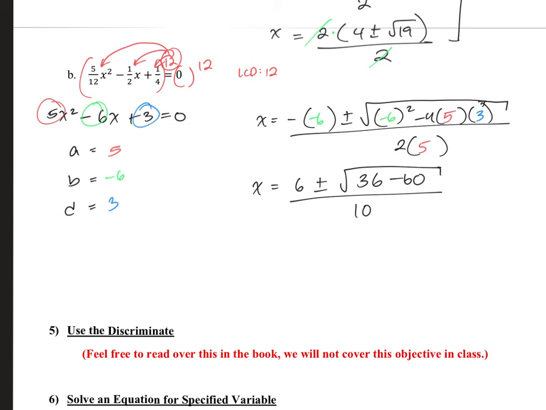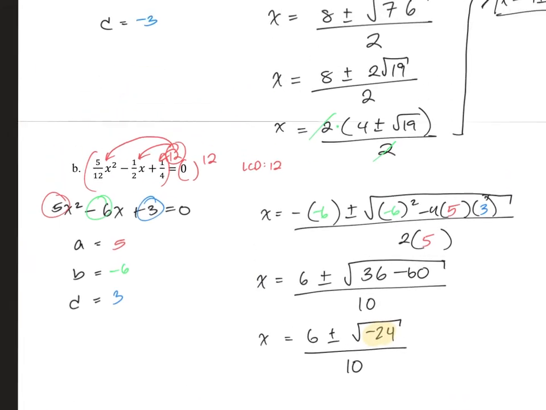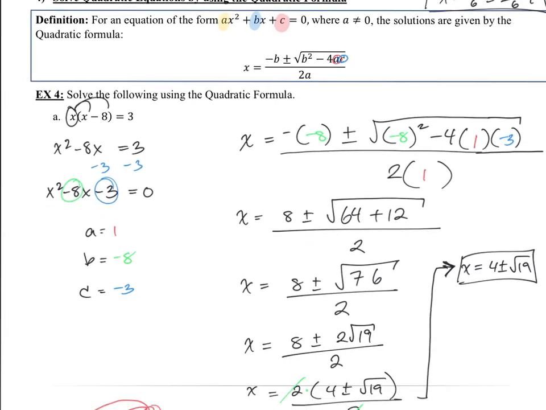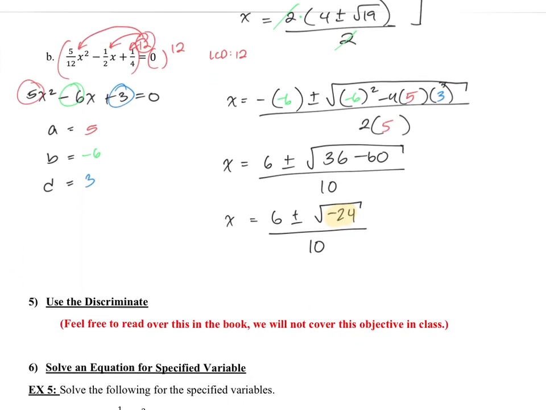All right, so at this next step, we're going to run into a little conundrum. We have a negative 24 over 10. That negative implies that we have an imaginary number. So the question is, were we told to solve over complex numbers? And it did not tell us to solve over complex numbers.